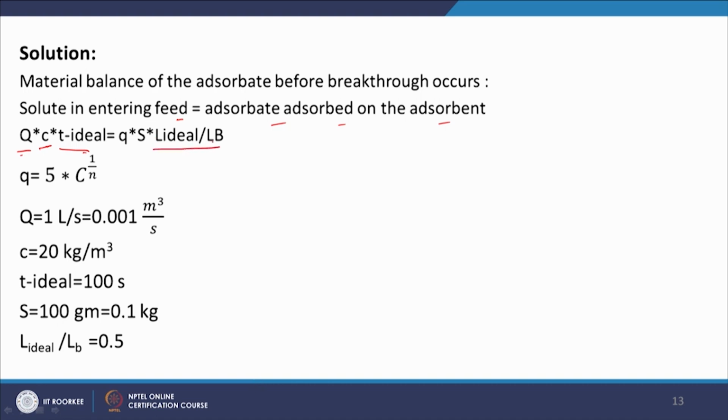Here, L ideal by L b, because if it is ideal, from initial t equal to 0 up to this, this part is adsorbed. So, this is L ideal and this is your L b.